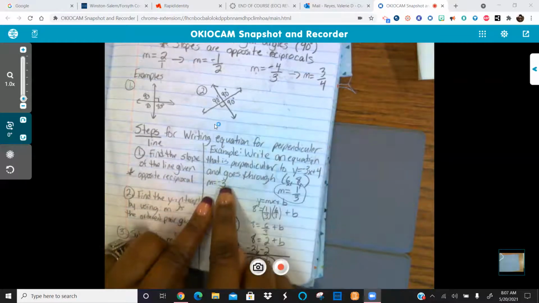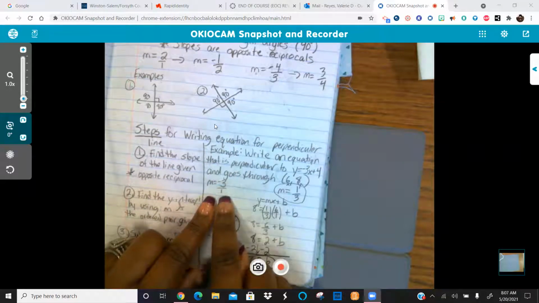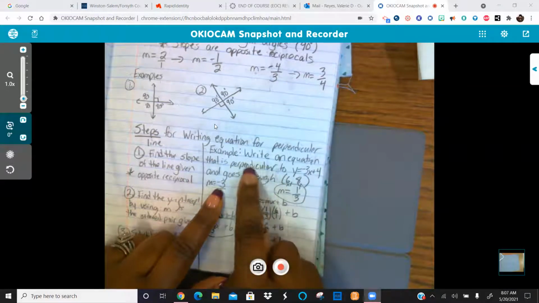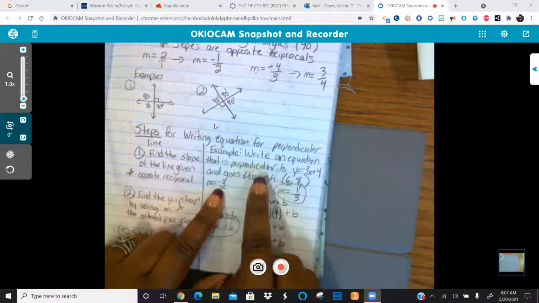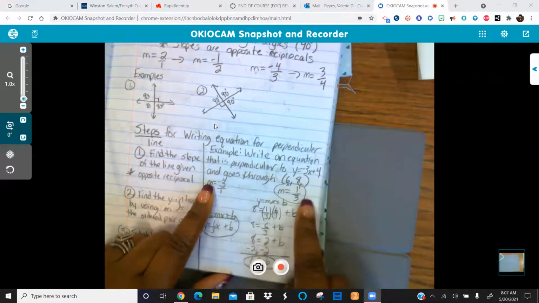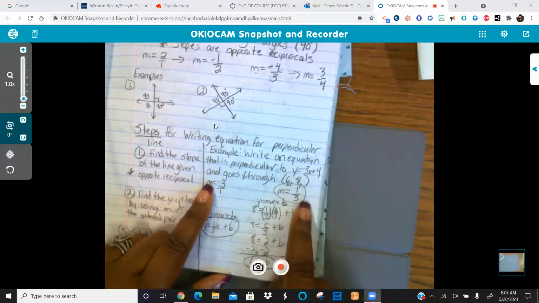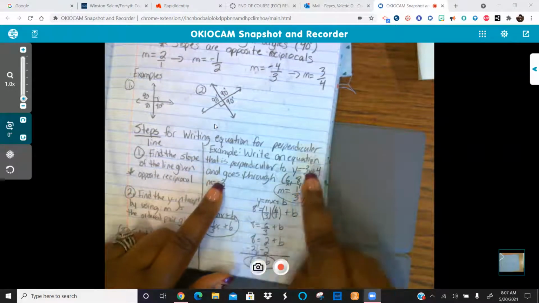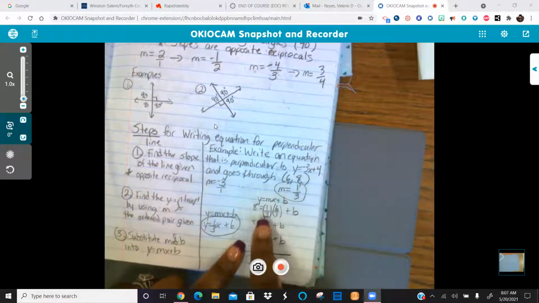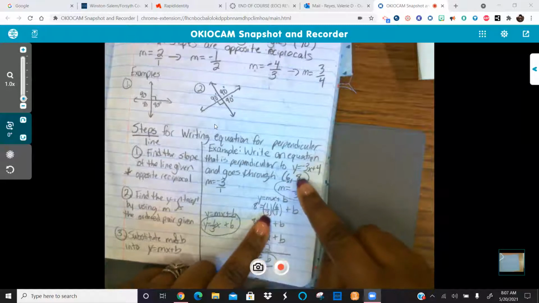I'm going to write it as a fraction, negative 3 over 1, because the slope of the other line has to be the opposite reciprocal if it's perpendicular. So if this is negative, this is going to be positive. This is 3 over 1, so this has got to be 1 over 3. So the slope is a positive 1 over 3, which is the opposite reciprocal of the slope that's given. Now substitute this slope into the equation along with the x and y point that they gave you.